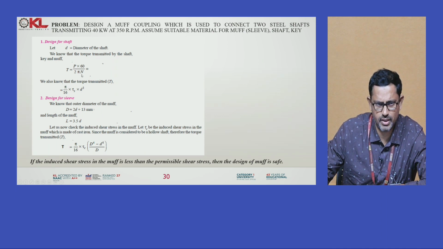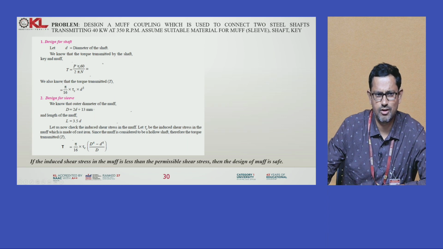Since power and rpm are given, you can calculate the twisting moment. Since the shear stress is given for a particular material, and if not given, you can take standard values from the design data book, then you can calculate the diameter of the shaft. That is the first step.